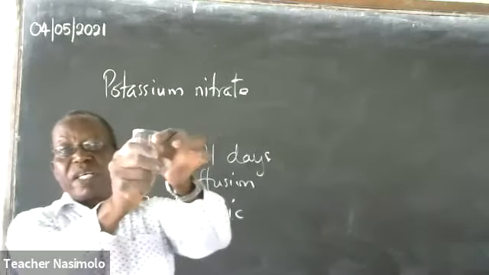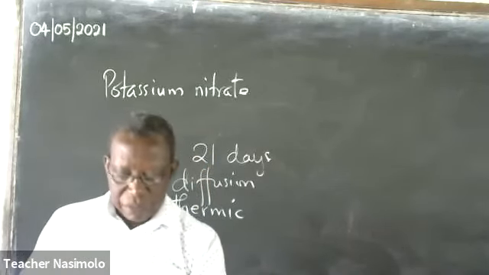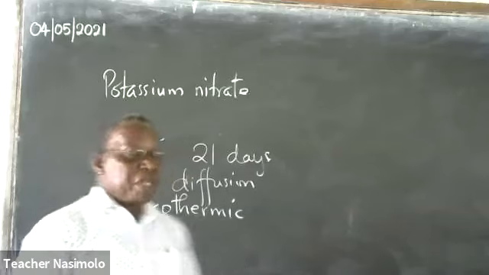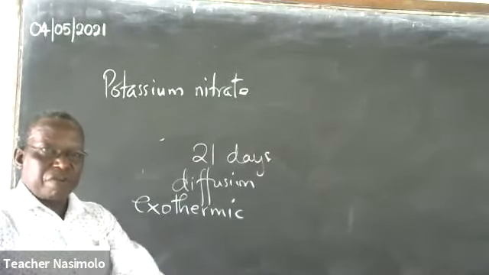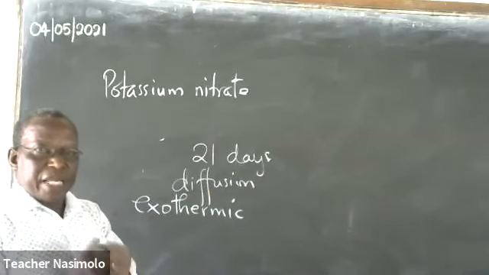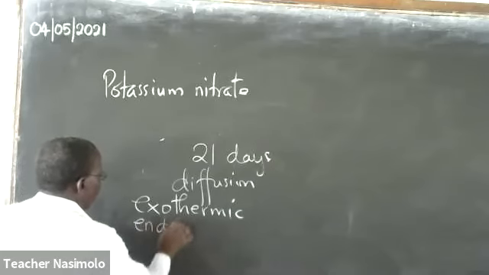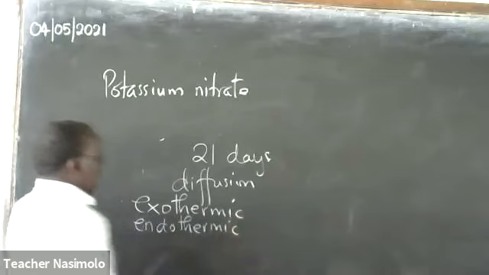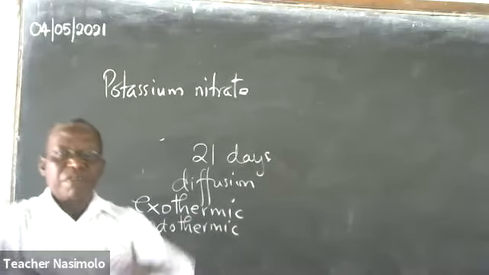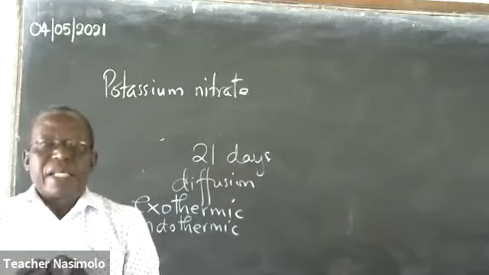If you touch that beaker, it will be much more cold than it was initially. What does that mean? It means the potassium nitrate, when it dissolves in water, it absorbs heat. So the process is endothermic. Exothermic means giving out heat. Endothermic means gaining heat.